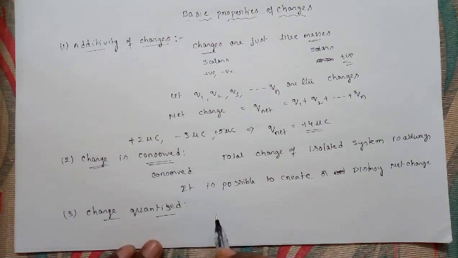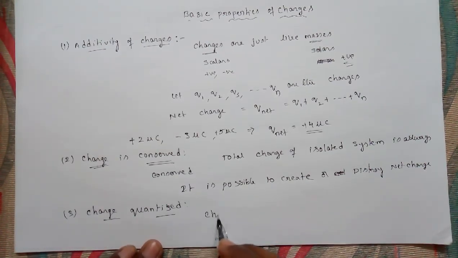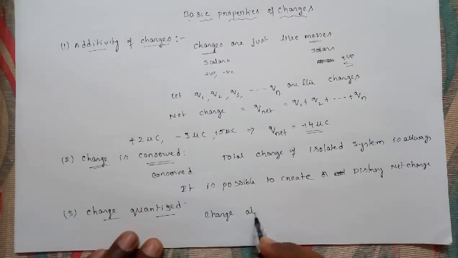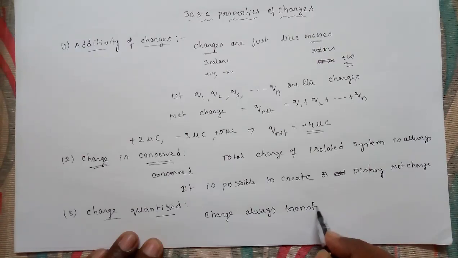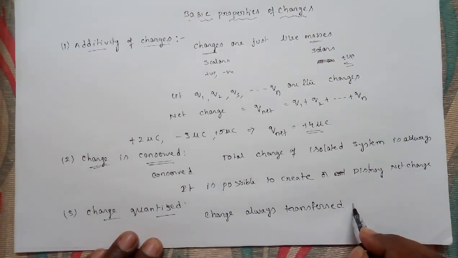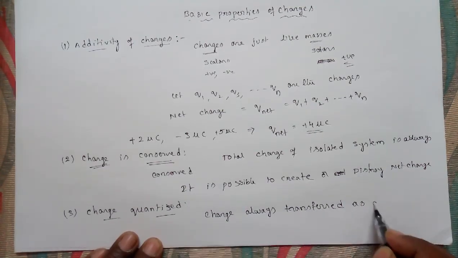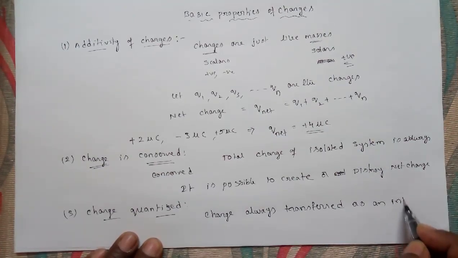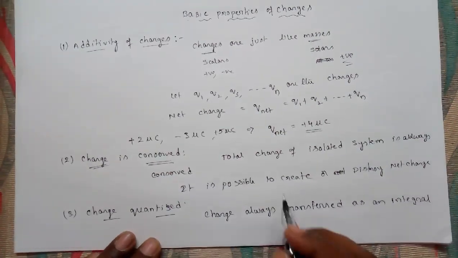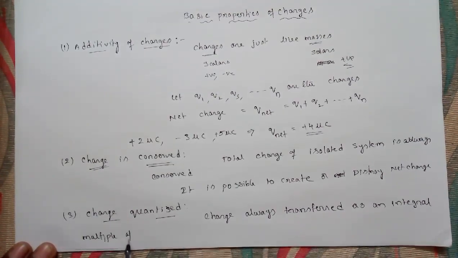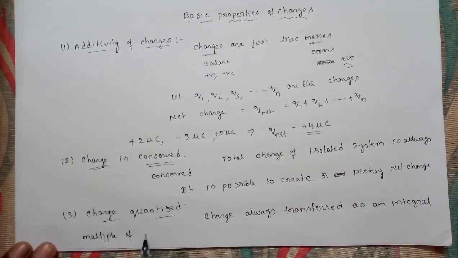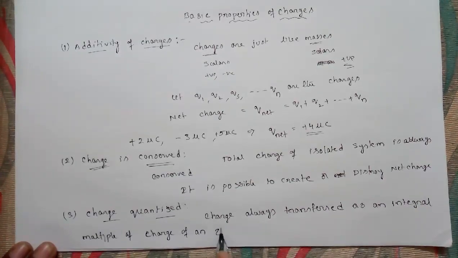So charge is always transferred as an integral multiple of the charge of an electron.